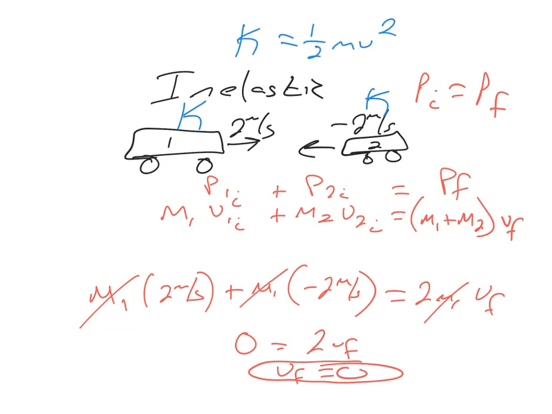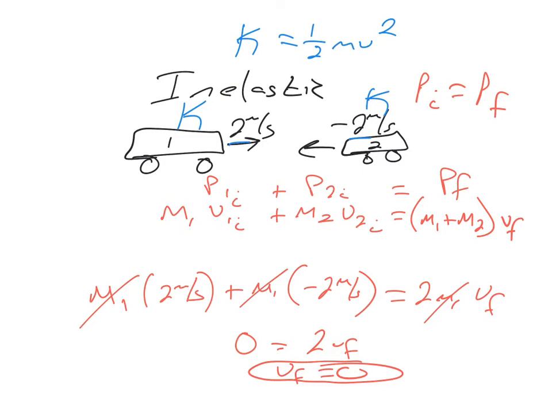So they have identical amounts, even though one's moving at 2 meters per second, one's moving at negative 2 meters per second. So technically, if I were to look at the conservation of energy, 1/2 mv squared plus 1/2 mv squared, I get twice the amount of energy. And that doesn't work, because instead I actually get 0 kinetic energy, as we see with an inelastic collision.